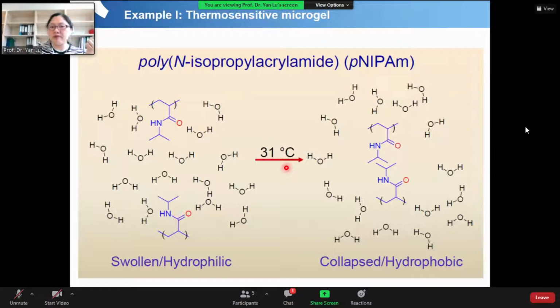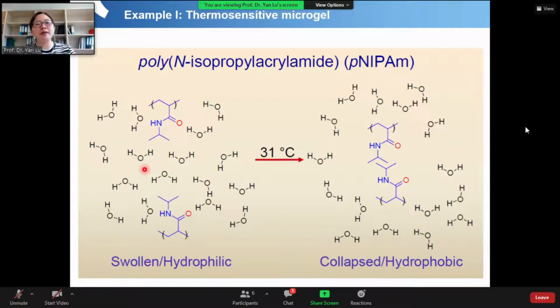When we have a temperature lower than the phase transition temperature, 31 degrees Celsius, then the polymer, here polyisopropylacrylamide, is in the swollen state. It means the polymer chains have interaction with the solvent. The solvent is water, so they will have hydrogen bonding with water. This is the main interaction in the system.